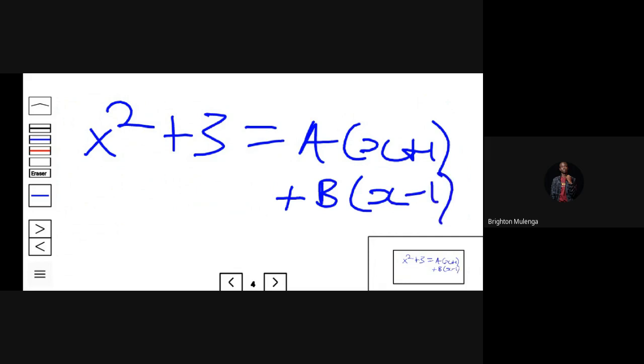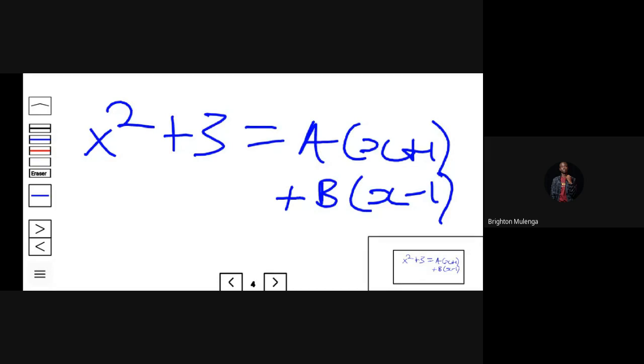From there, we can start with B. Let x equal negative 1, so that wherever there's A, we have 0, and we remain with B.